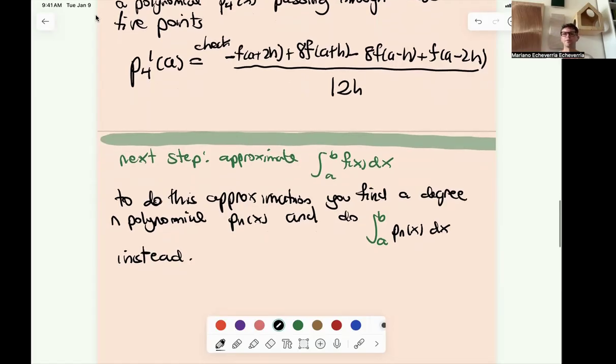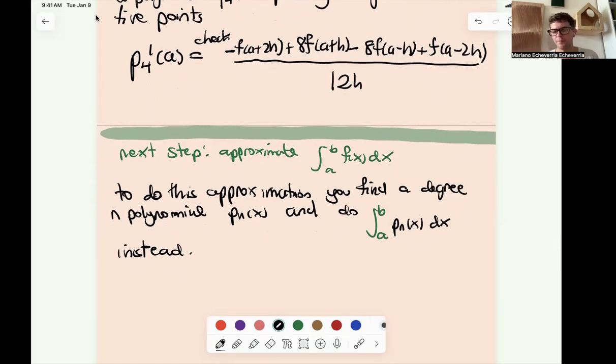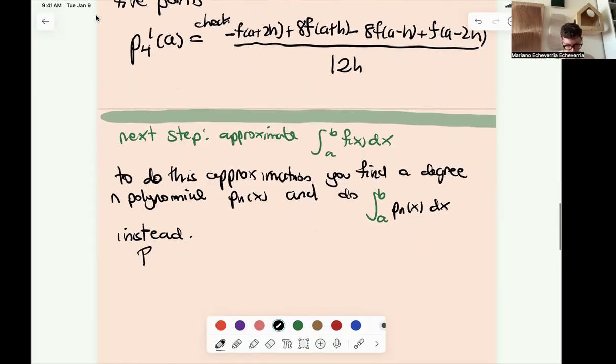But for that to work, we do want a polynomial that is close to the function.